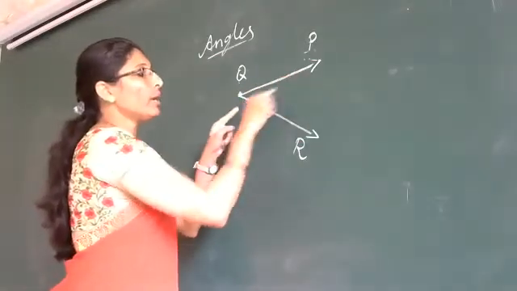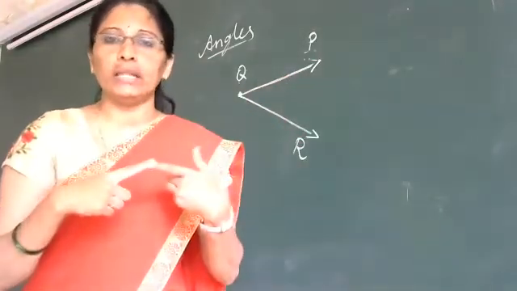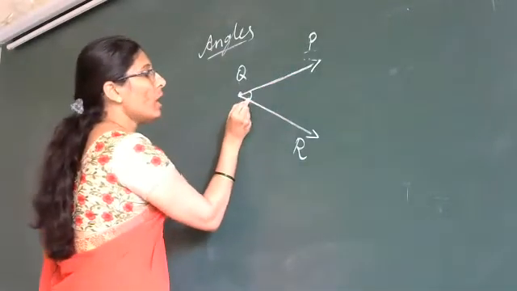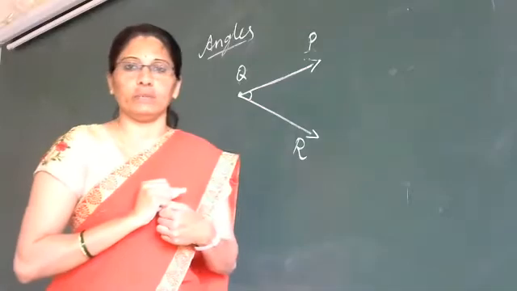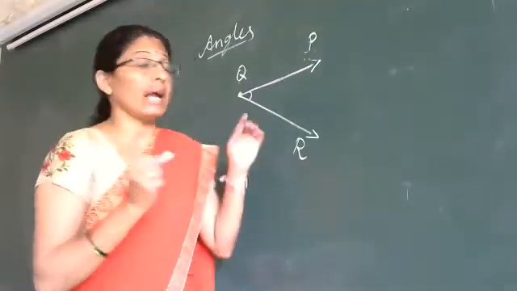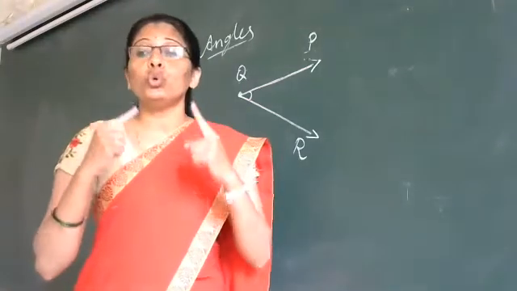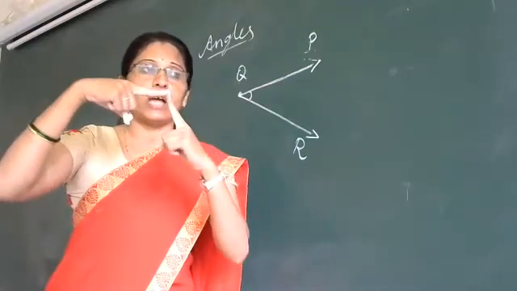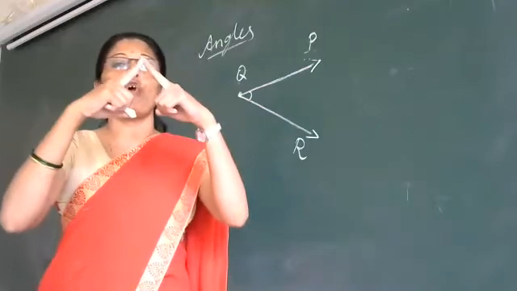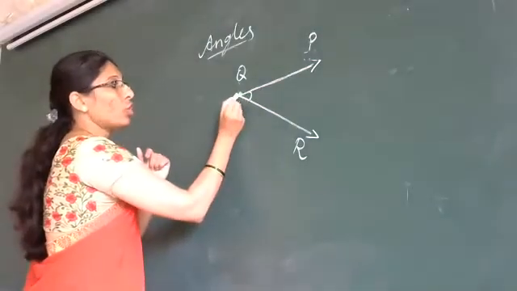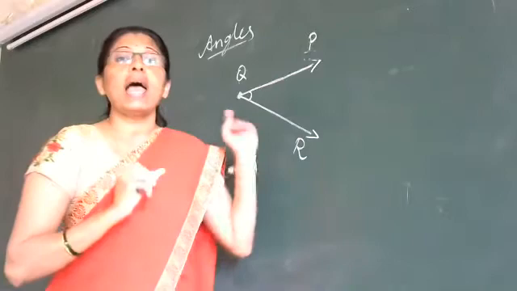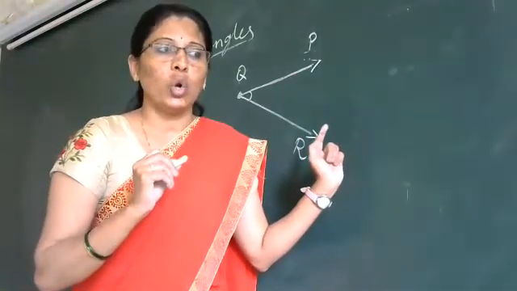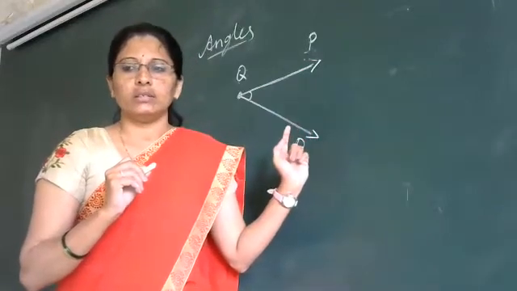So when two rays are joined together, they form a corner, they form an angle. So what is an angle? When the two rays are joined together, they form a corner. That corner is known as an angle. Angle means corner.